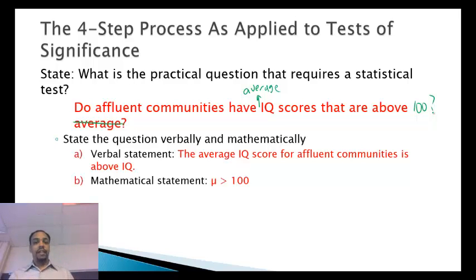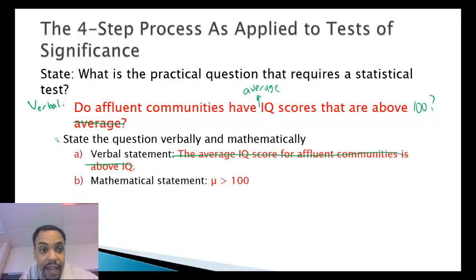And theoretically, the average person's IQ score is 100, so are they above that? And then I tend to do this part. We already said that verbally, we have it up here. That's no problem.